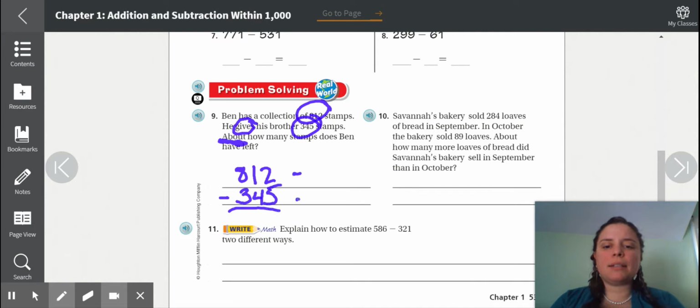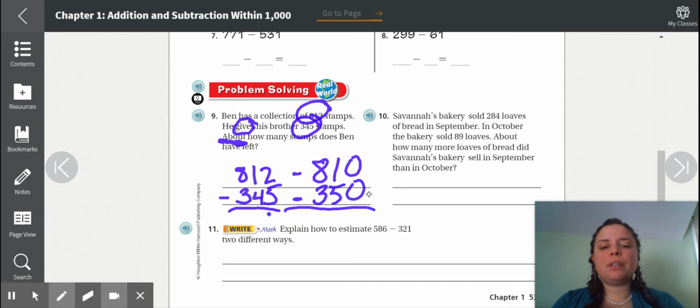So if we're going to estimate or round 812, I would say that's about 800, just to make it, 810. And 345 is 300. 5 means we go up. Okay, and then you estimate. 0 minus 0, 0. 1 minus 5.